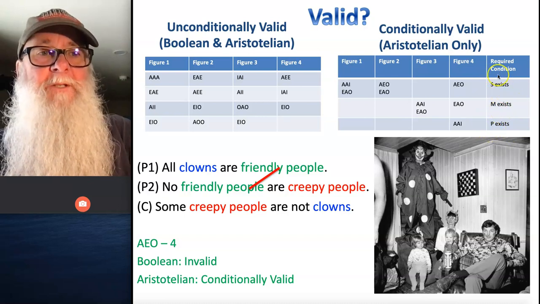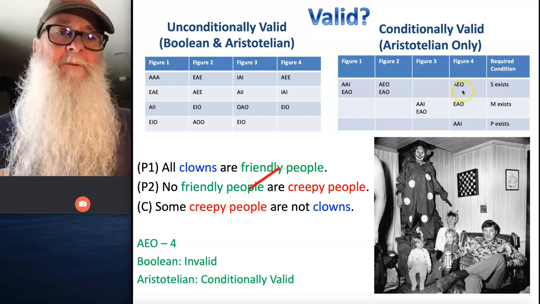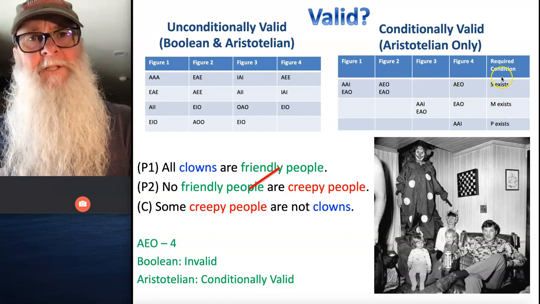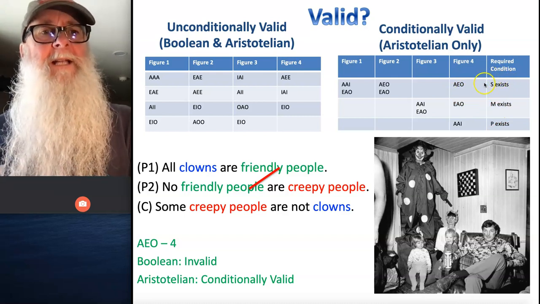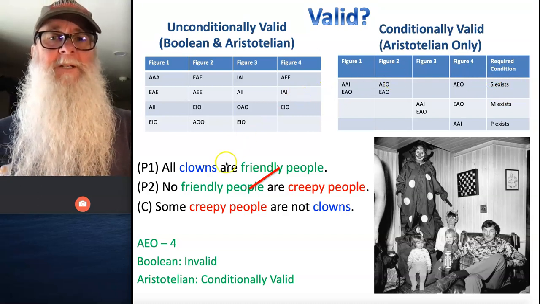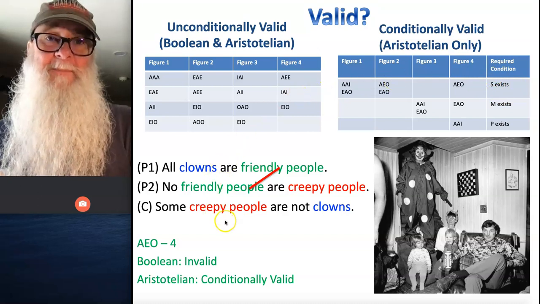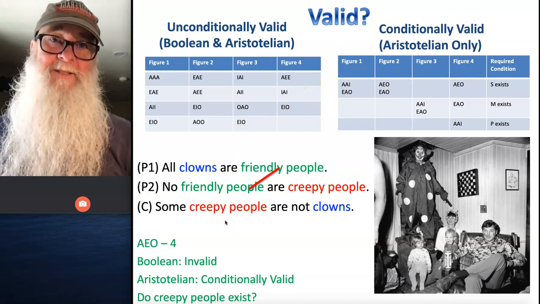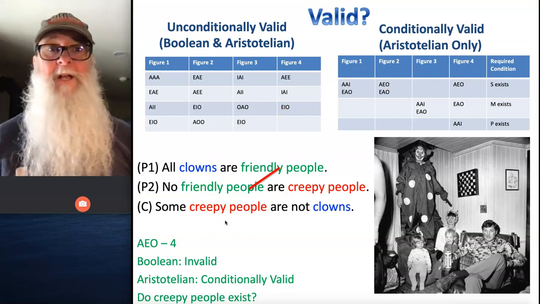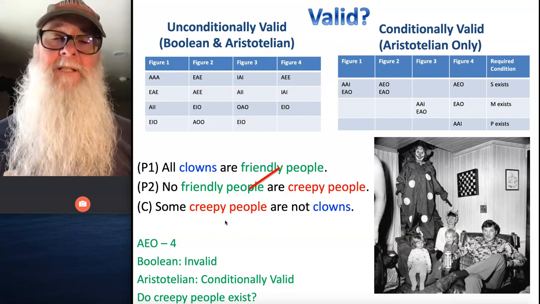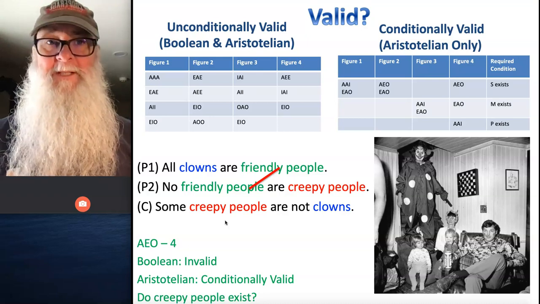Is it the subject term of the conclusion, the middle term, or the predicate term of the conclusion? And we can see here for our argument form, the condition that's required for validity is that the subject term of the conclusion has to refer to an actually existing thing. That's creepy people. Do creepy people exist? Yeah, unfortunately. So this argument has met the condition for validity from the Aristotelian standpoint.